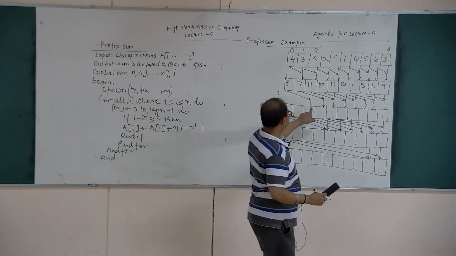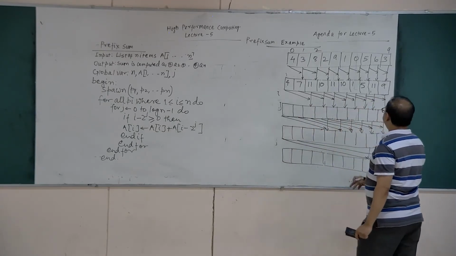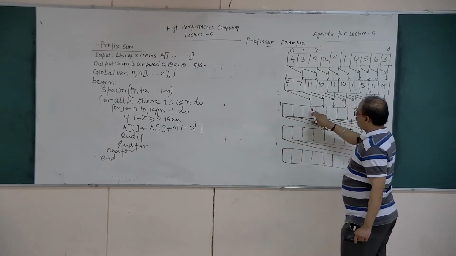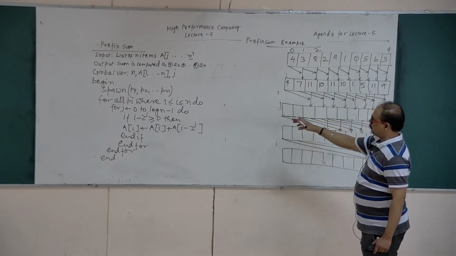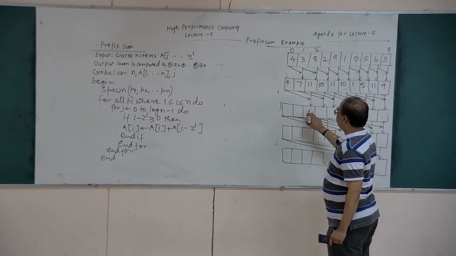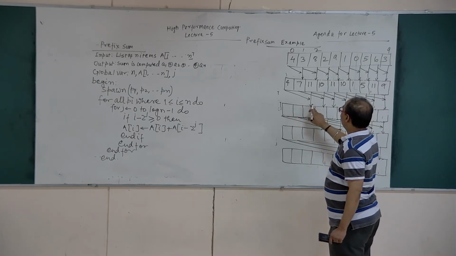So that is, there are 8 processors, you can see. So processor P1, again the processor is starting from 1, will add the element at A2 and A0.